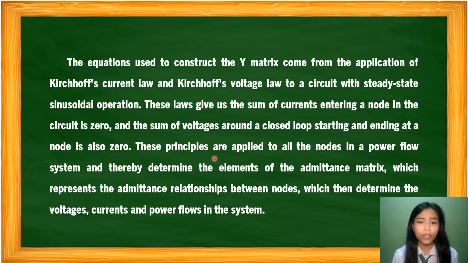These principles are applied to all the nodes in a power flow system and thereby determine the elements of the admittance matrix, which represents the admittance relationships between nodes, and which then determine the voltages, currents, and power flows in the system.